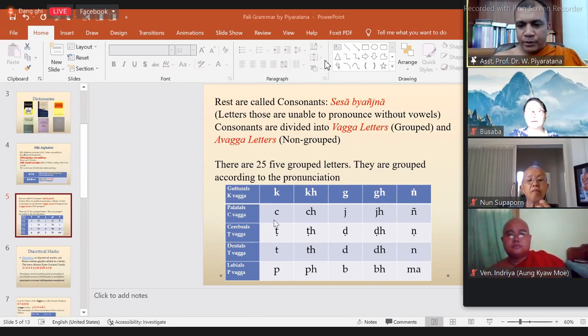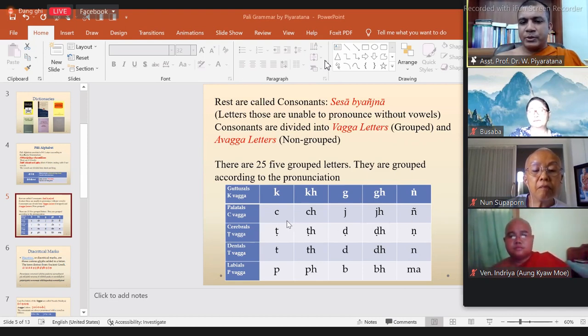The second group of the letters we call cha vagga. When you pronounce these five letters, you follow cha, chha, ja, jha, nya. They are called palatals.